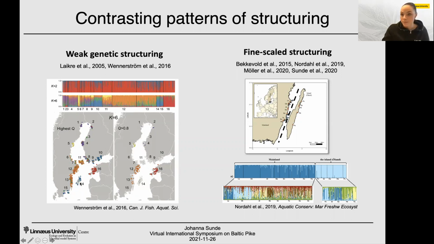Other studies have shown fine scale genetic structuring, where even neighboring populations in adjacent streams are differentiated from each other and are assigned to almost population-specific genetic clusters. So based on this, we were really interested in finding out more. How does it actually look, and how do different evolutionary processes shape this structuring?